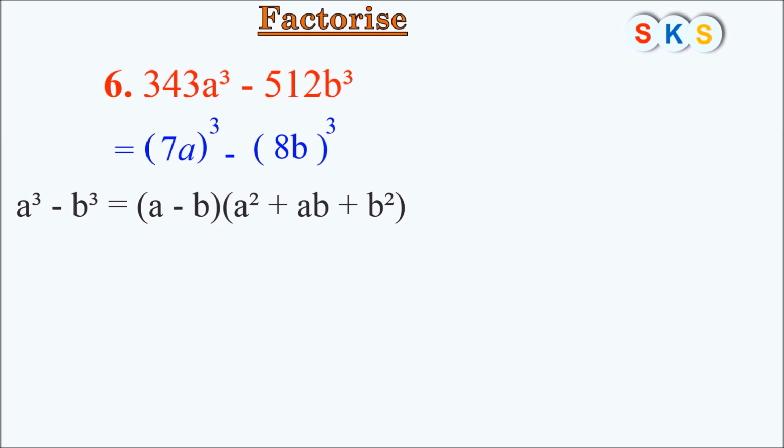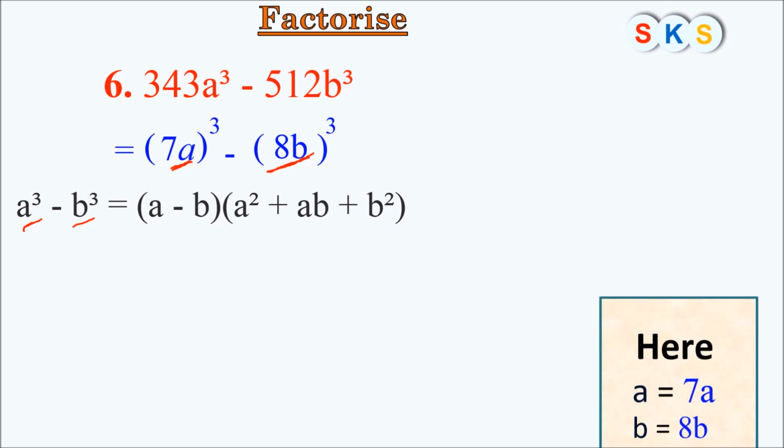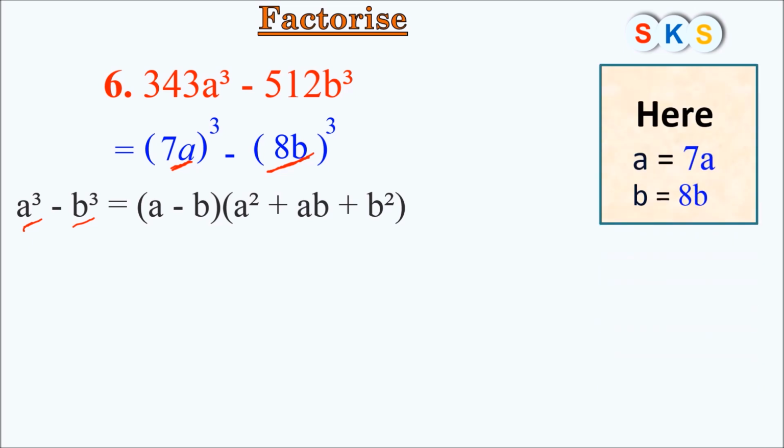And you can see here the first term is cube of 7a. So a equals to 7a. And the second term is cube of 8b. So b equals to 8b. So we will note down the value of a and b. Okay, you can see that in this rectangular box I have taken a as 7a and b as 8b. Now we will substitute the value of a and b in both the brackets.